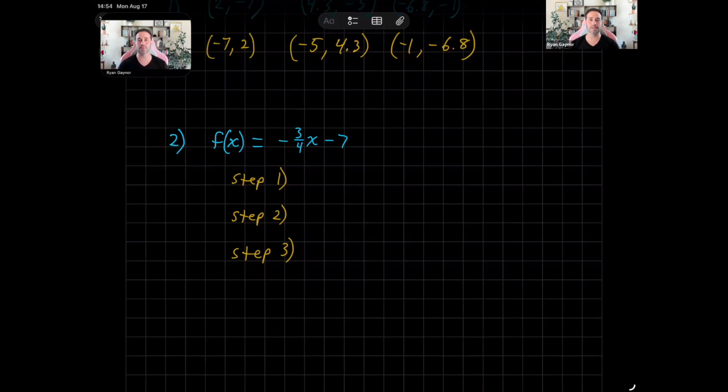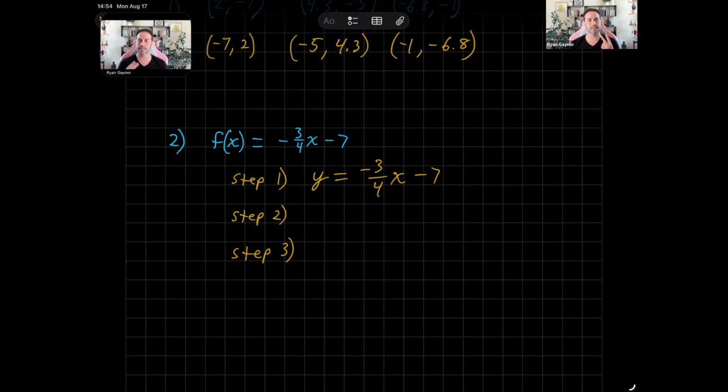So, step 1, you need to write it in y equals format. So we write y equals -3/4 x minus 7. And if you didn't know function notation, right, so the f of x, that is just a label for y.